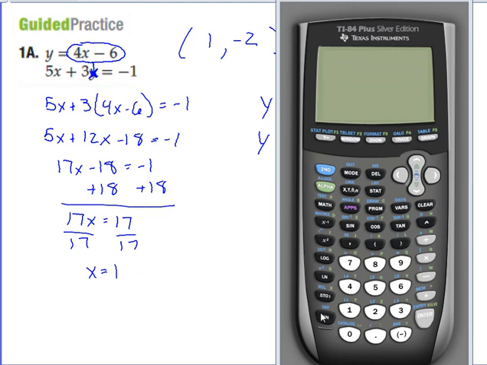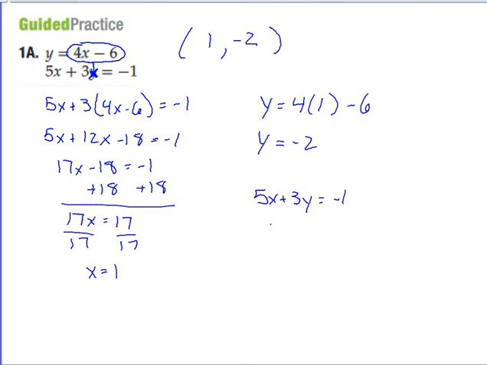And then I'm going to check that on my calculator. So I'm going to put both of these equations into the calculator, 4x minus 6. And for the second equation, in order to check it in the calculator, I have to actually solve for y. So I have it here, I've got to subtract 5x from both sides. 3y is equal to negative 5x minus 1, and then I'm going to divide everything by 3.